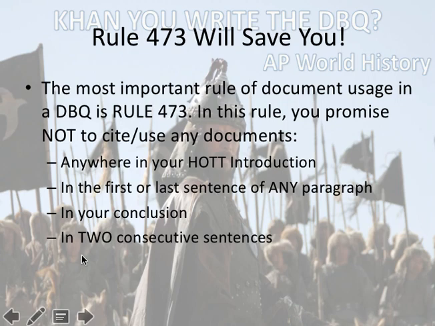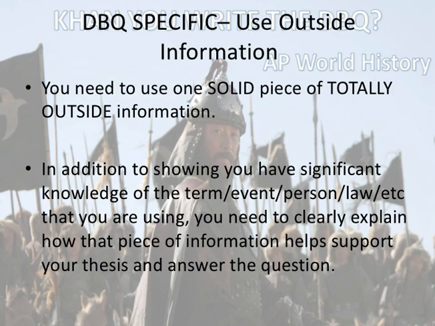Now, in addition to the documents, you also need to try and use one solid piece of outside evidence. This is something that's totally outside of the documents, cannot be referenced in the documents, cannot be alluded to in the documents, needed to be something totally detached from the documents that you are given. This is very, very challenging, and it is why you need to do things like read the book.